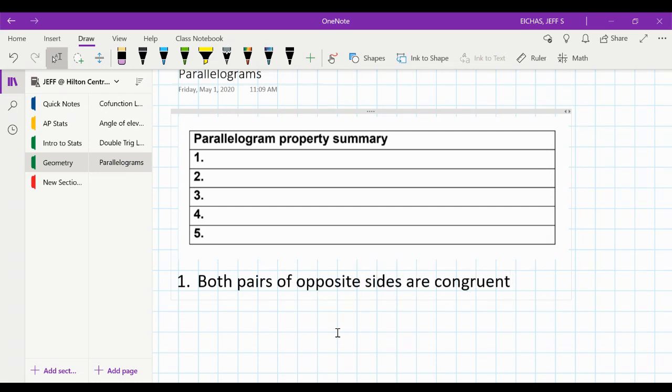That could be your first one. Your second one could be both pairs of opposite sides are parallel. One pair of opposite sides are both congruent and parallel. That does make it a parallelogram. Another one's diagonals bisect each other, and let's see, both pairs of opposite angles are congruent. So those are the five, I believe, that were in the reading.